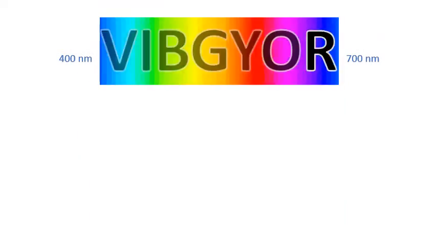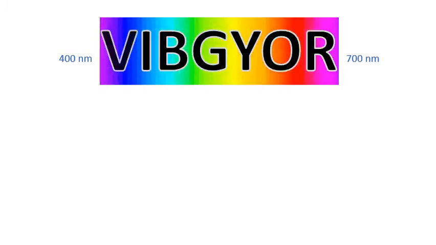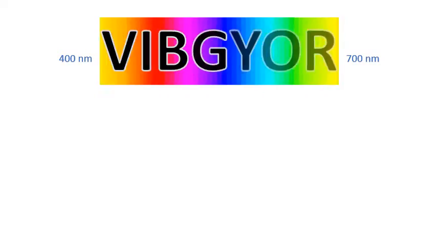The light region is what we are interested in right now, which is about 45% of the solar radiation. It is otherwise called white light or visible light, and the wavelength of this region ranges from 400 nanometers to 700 nanometers.